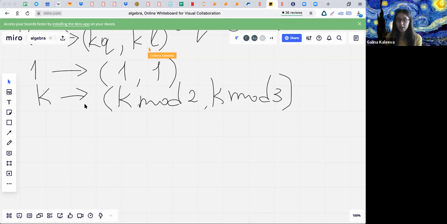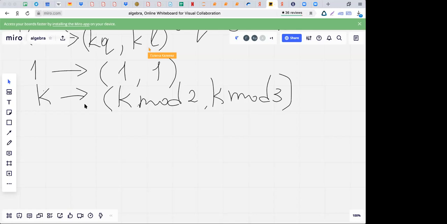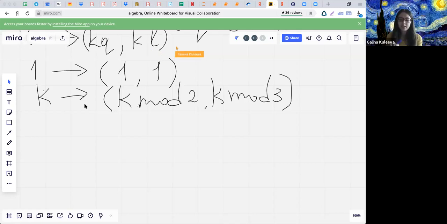Okay, let's take, for example, 1. So actually, we have to find such an element from our group Z6, such that the remainders are as we need, as we want.